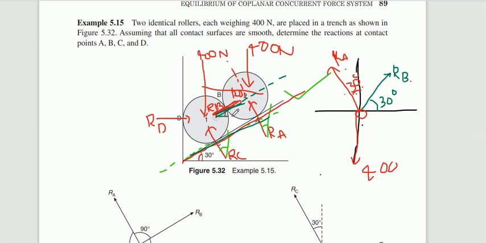Therefore this is also 30 with respect to the x-axis. RC and RA inclination is 30 with respect to the y-axis. So now your free body diagram for sphere 2 is ready. Is it clear how I have written this free body diagram?